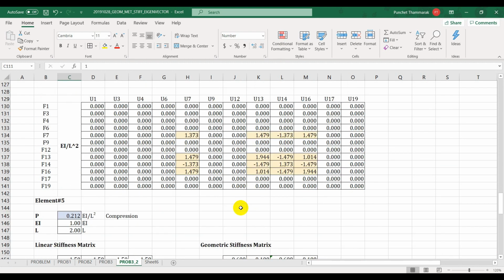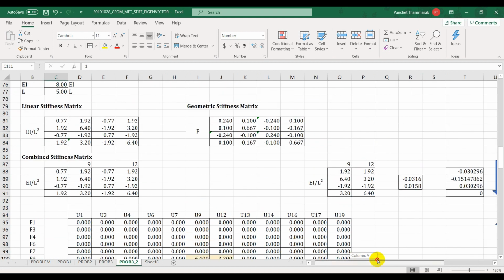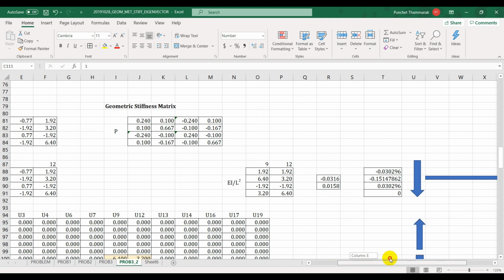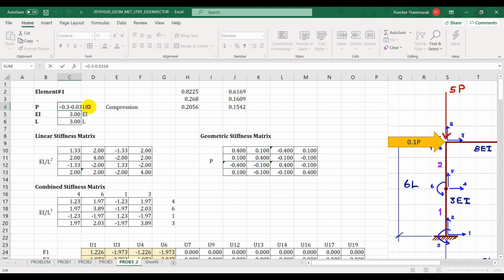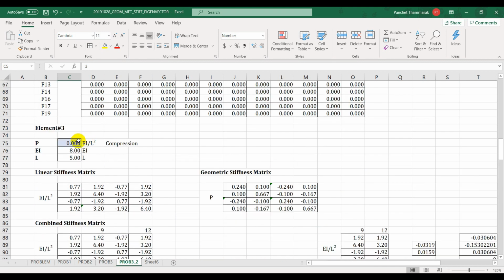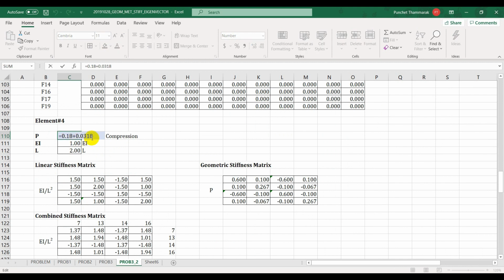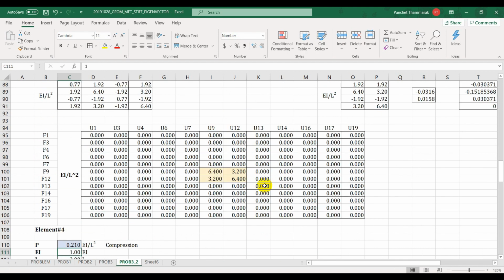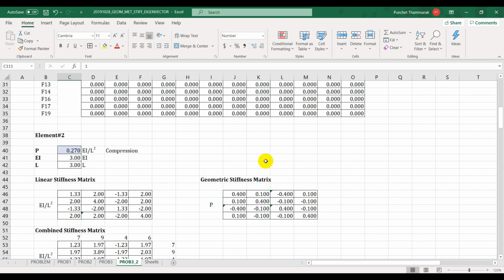Okay. And then not 318, it is 303. Actually, I think, yeah, 0.303. 3037.